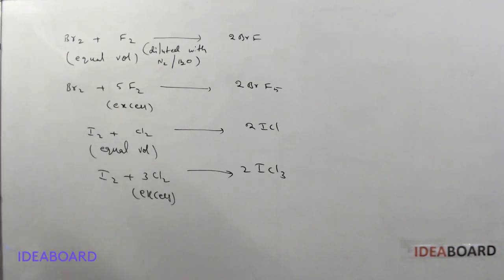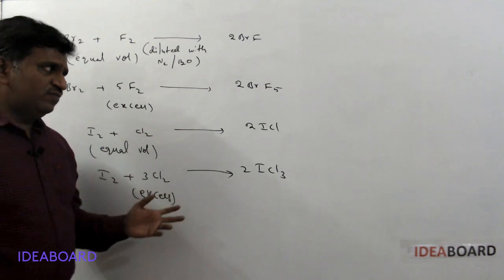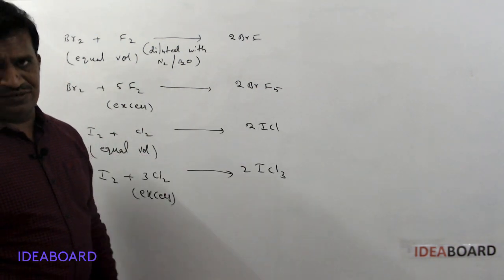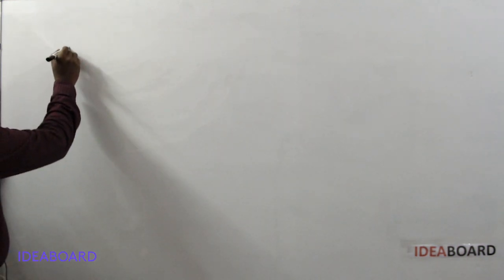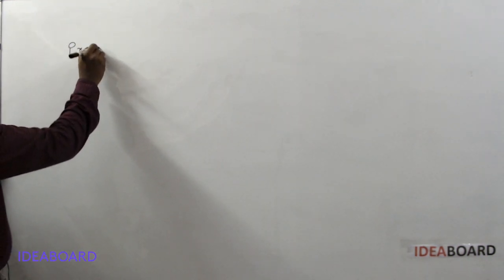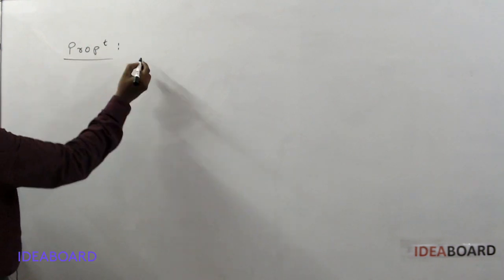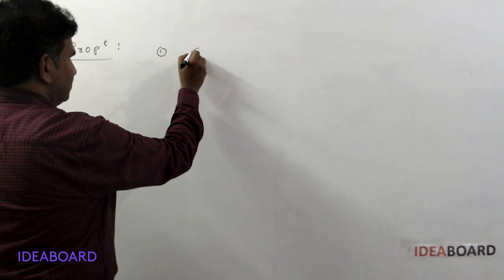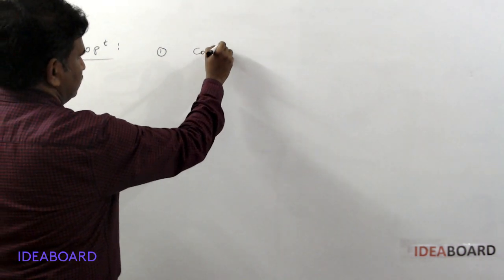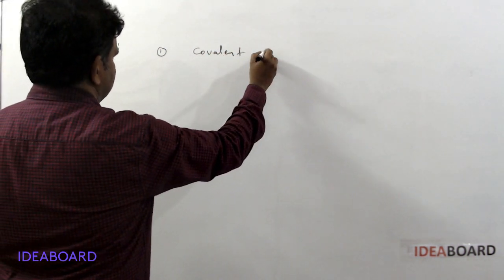So these are the direct preparation methods of interhalogen compounds. Next, properties of interhalogen compounds. The first point is, all the interhalogen compounds are covalent molecules.